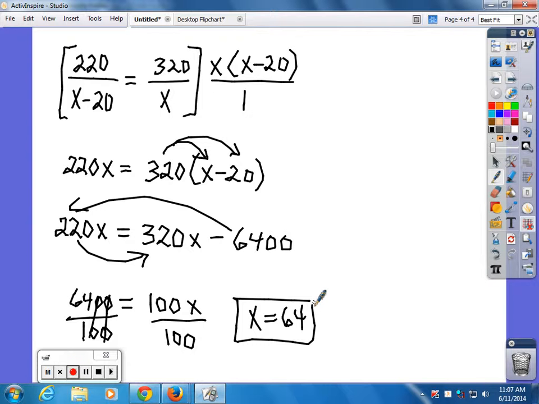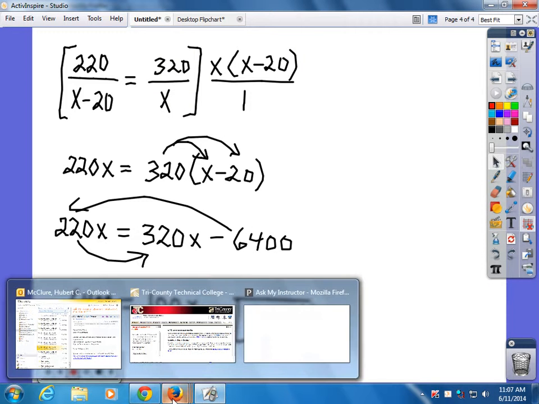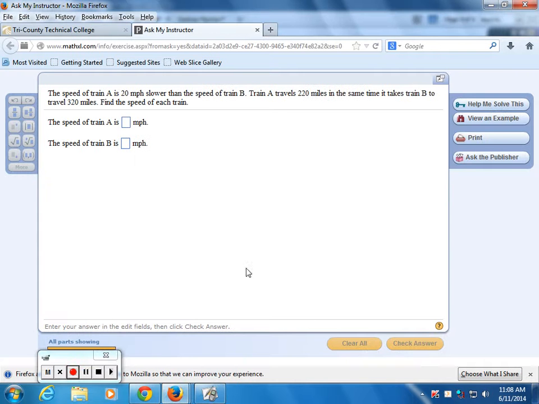No, it's 66. They asked for train A and train B. Hold on. Let me go back to the question. Train A is slower, so it's going 44 miles an hour, and train B is 64.